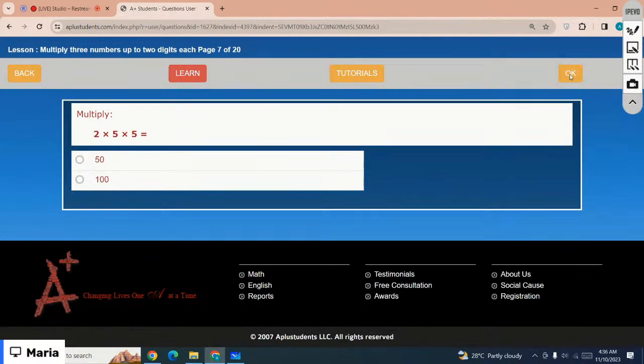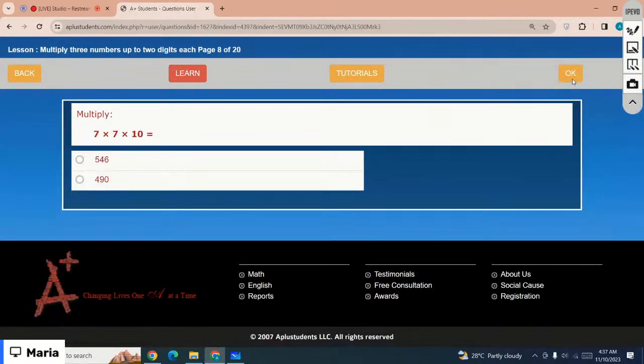Which is the correct option? Very good. The correct option is 50. 5 times 5 is 25 and 25 times 2 is 50.